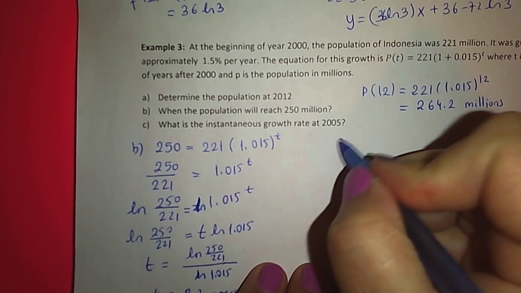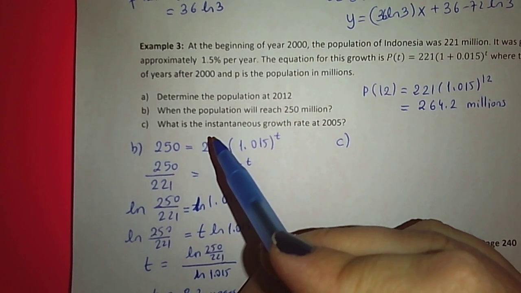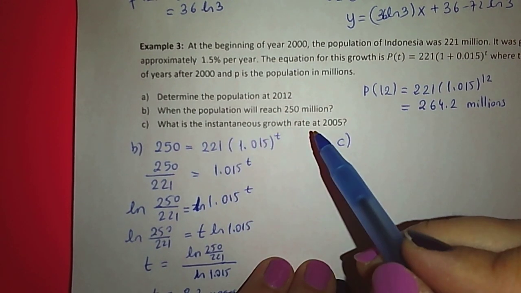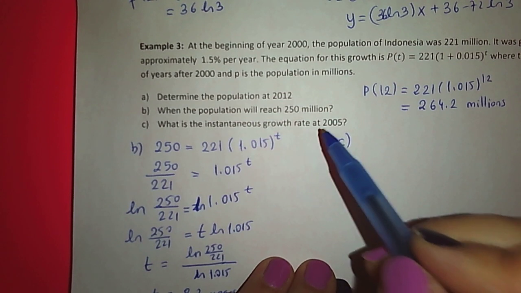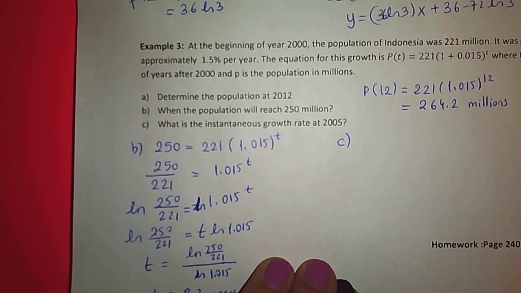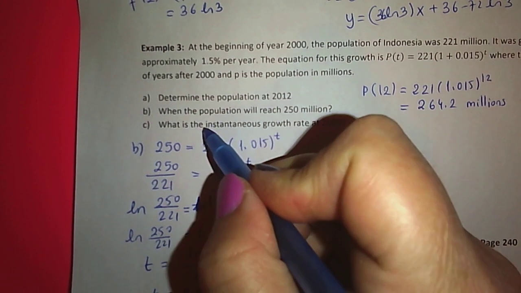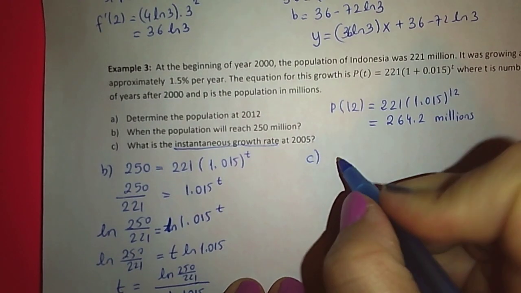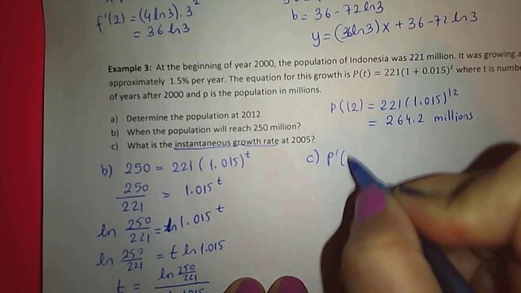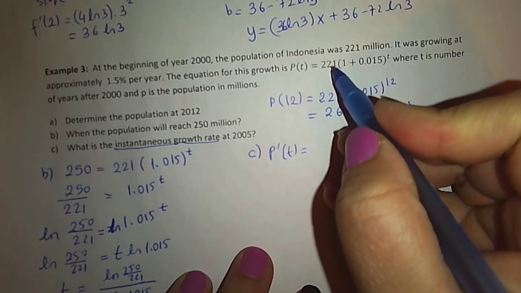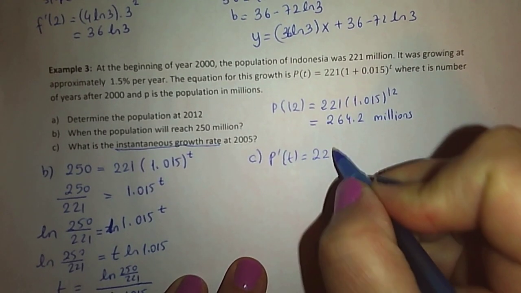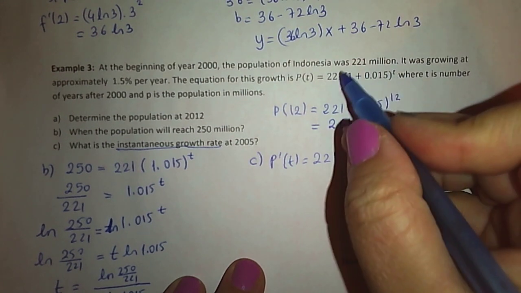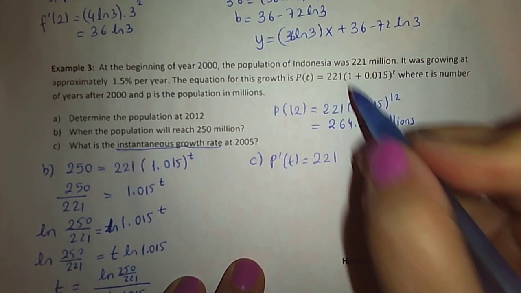So last part, C. What is the instantaneous growth rate at 2005? Since it is asking for the instantaneous growth rate, we need to take the derivative of the population. So we keep the coefficient. Now we need to take the derivative of this exponential part.